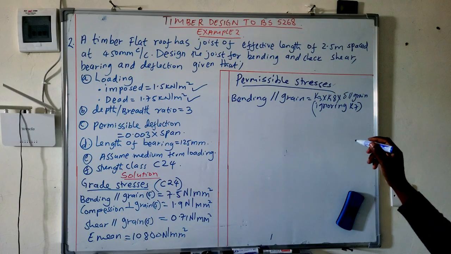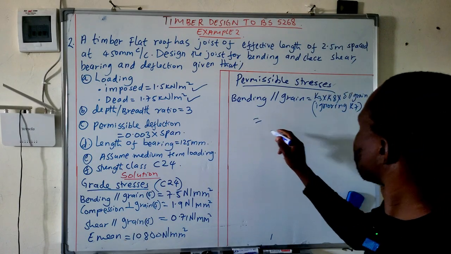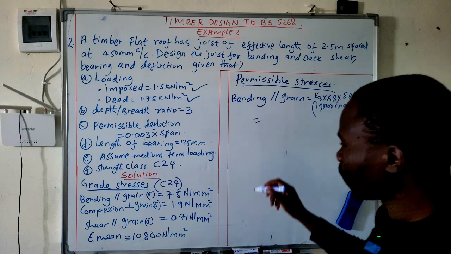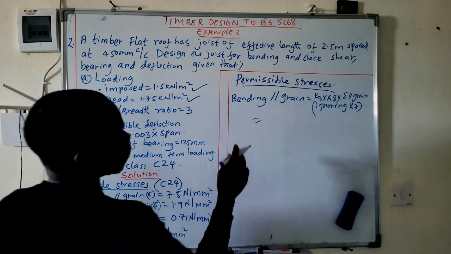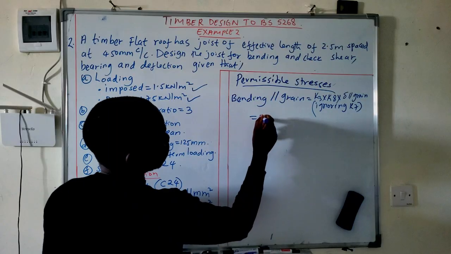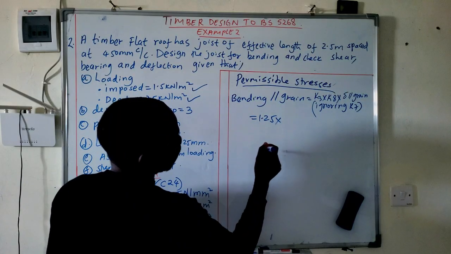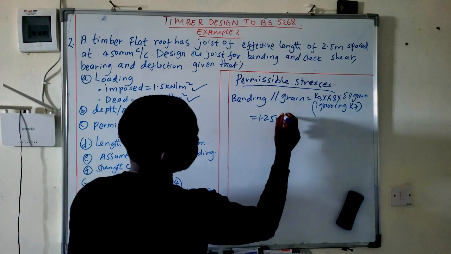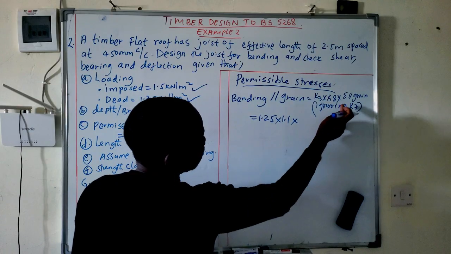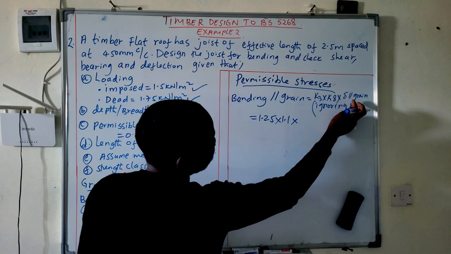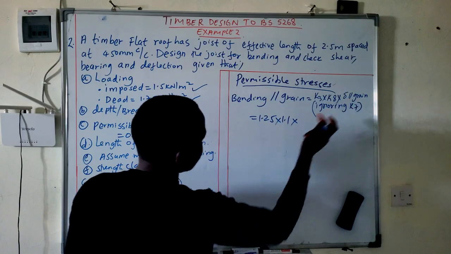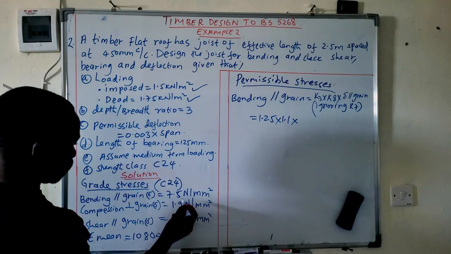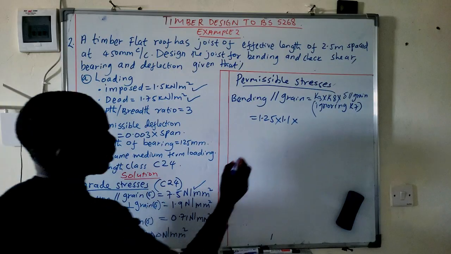So this one will be K3 was 1.25 times K8 1.1 times stress parallel to grain, which is this one, 7.5.